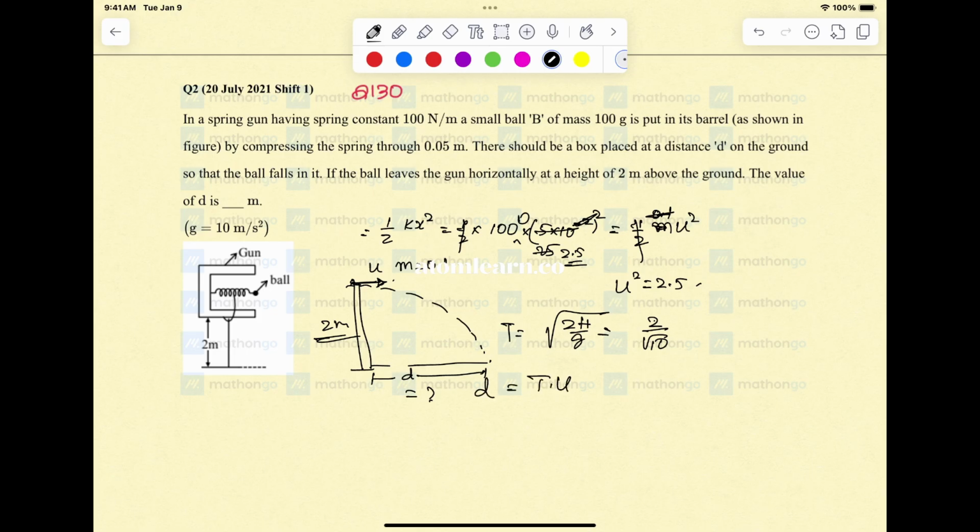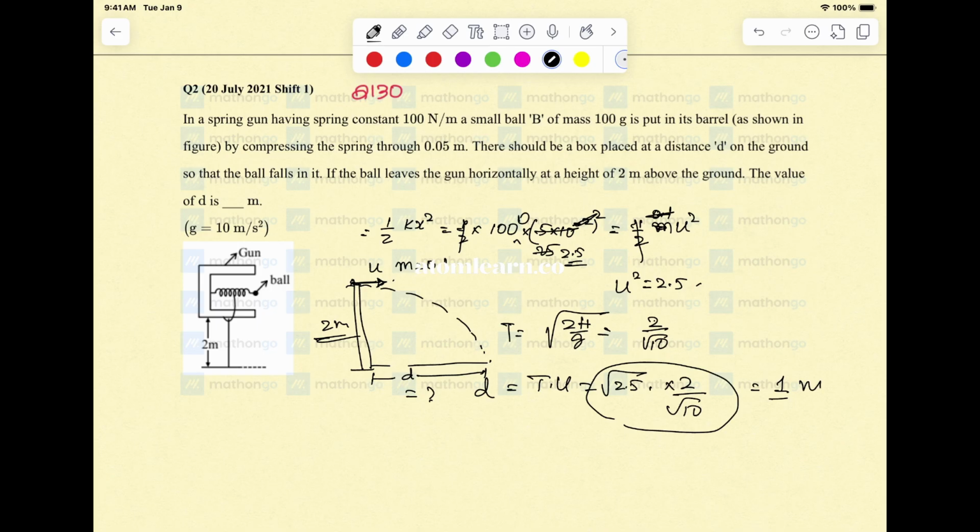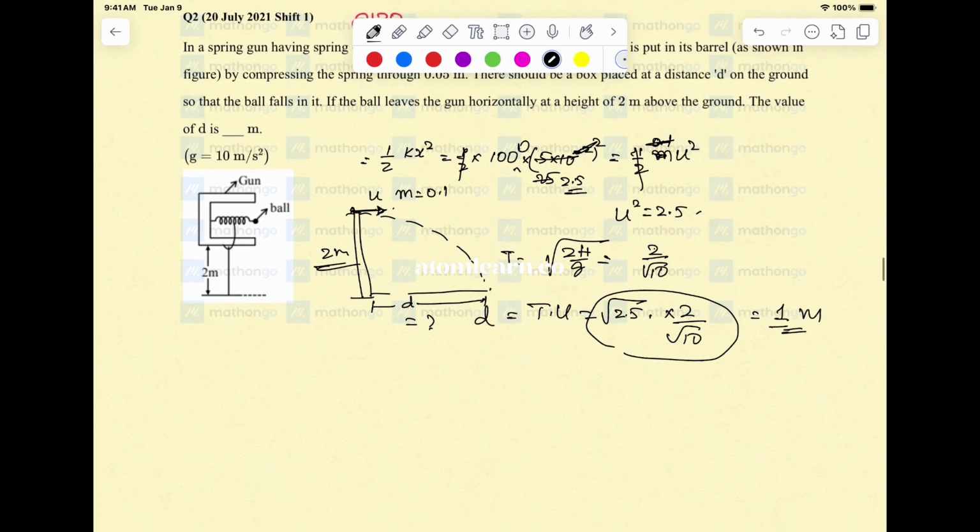D is given by t into horizontal velocity u. Root of 2.5 into 2 by root 10 is the answer. This comes to root of 4, equal to 2, equal to 1 meter. Okay, right. Go to the next question.